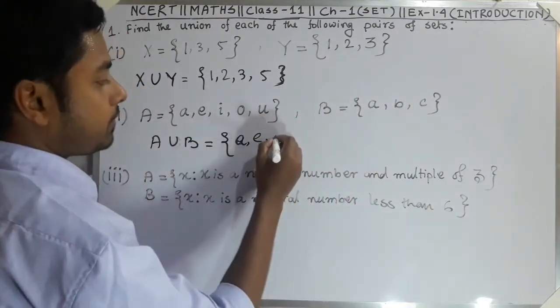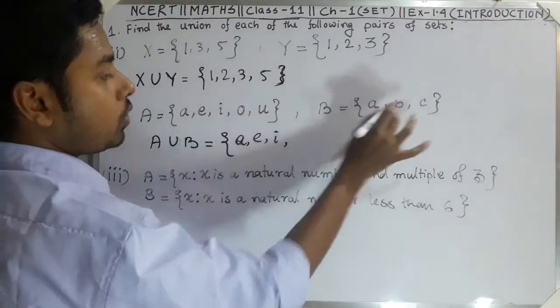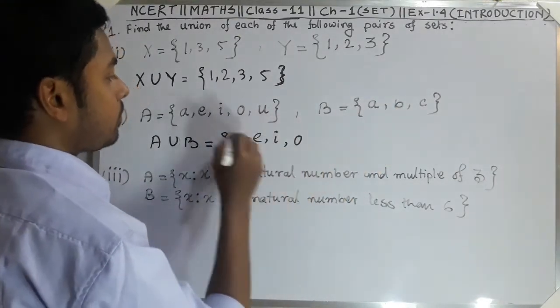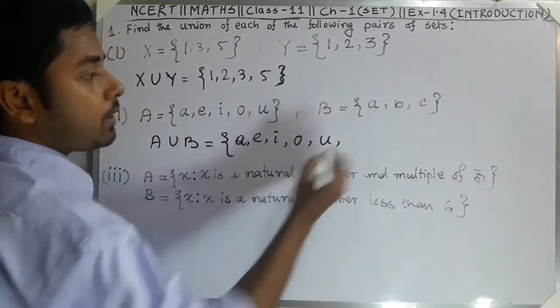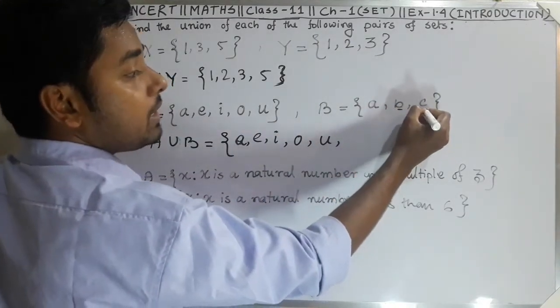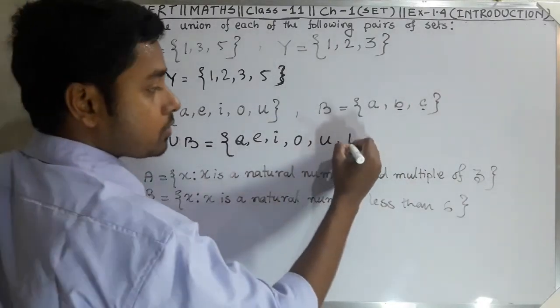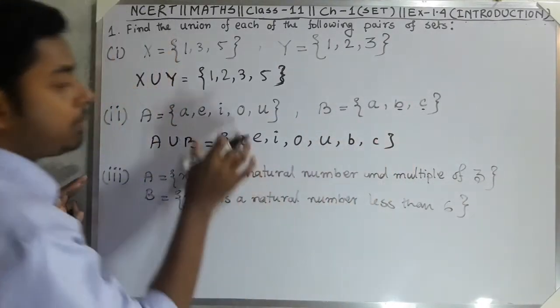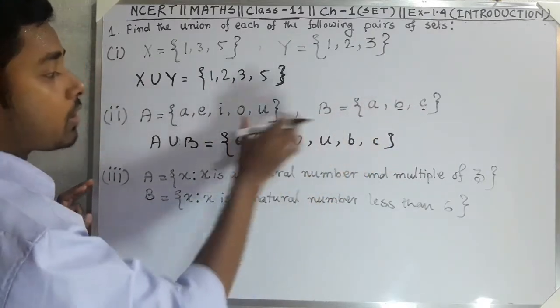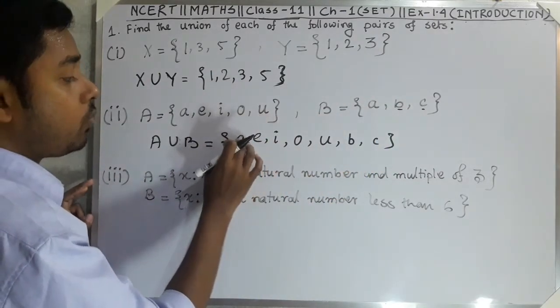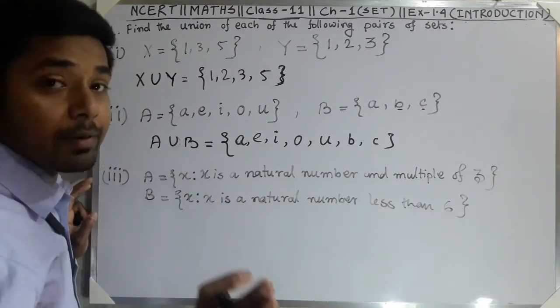I is not here, O is not here, U is not here, no problem. But B, C are left, so you have to take them. Elements of A, elements of B, and the common elements we have to take only one time. We should not repeat the element.